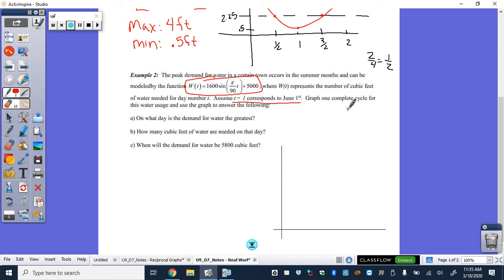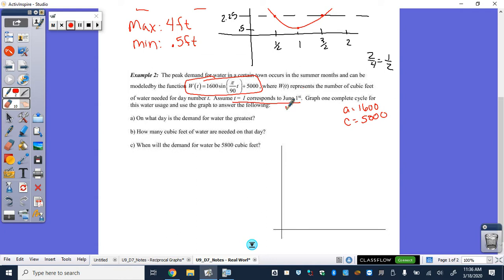Okay, so I got an amplitude of 1600, C value of 5000. So to figure out, well, got to figure out my high and my low.